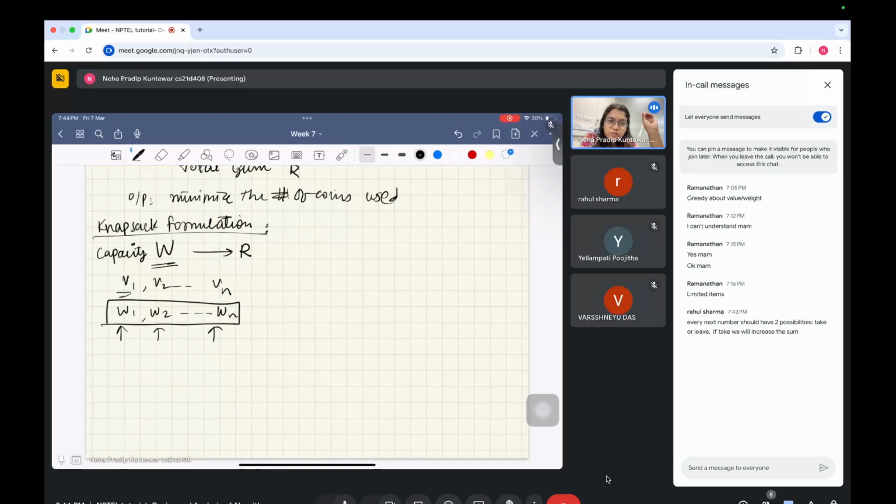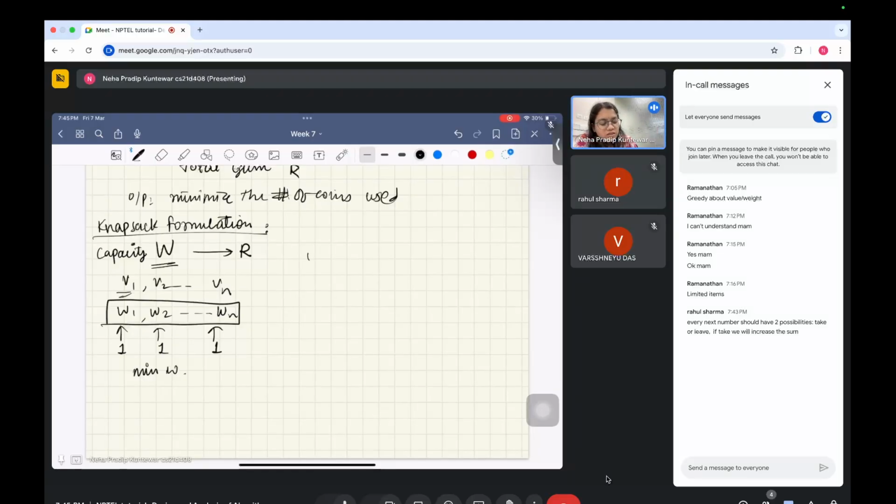They are all equal for me, but I want to minimize the number of coins that I use. If I think of them all as weight 1 coins, that means I want to use as few coins as possible. So this is basically the same as the knapsack problem.